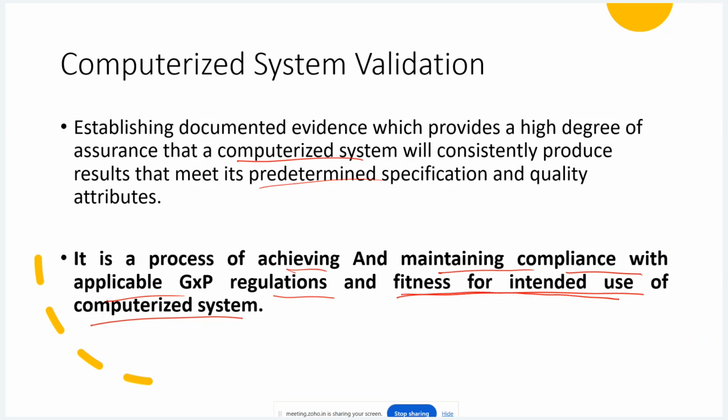Whether my system is fit for the use for which I purchased it or not. Plus, by following the GXP regulations, my system should be fit for the intended use. If you are able to achieve this, your computer system is validated.